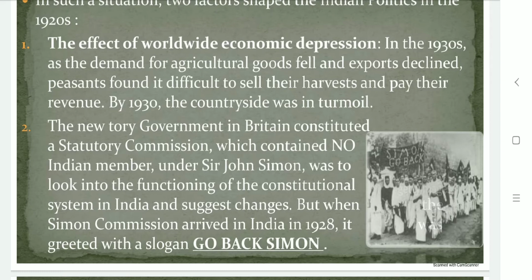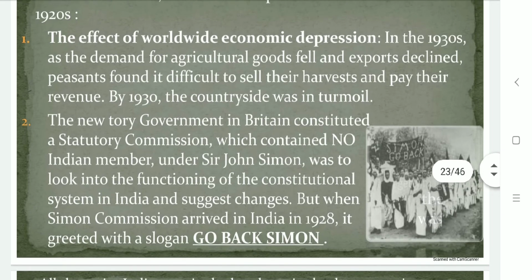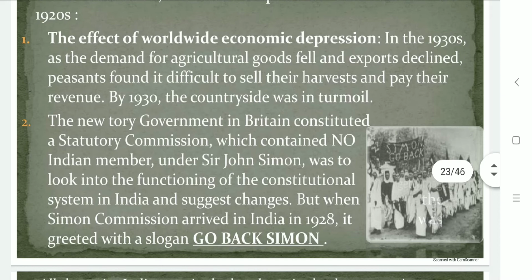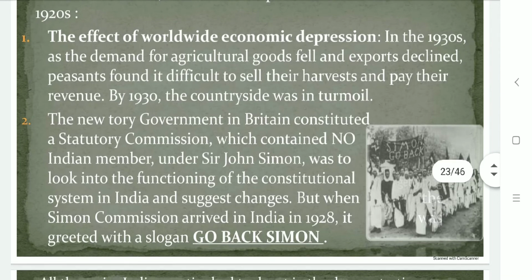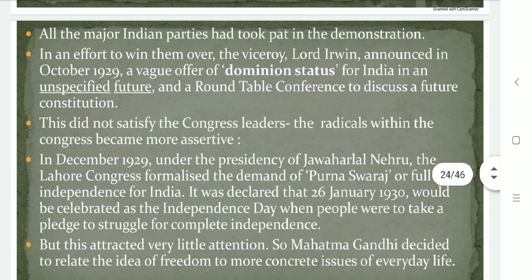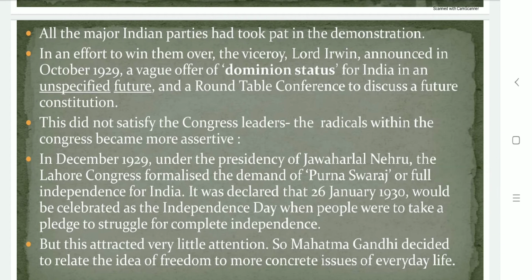They were not happy because there were no Indians in the Simon Commission. That is why when the Simon Commission arrived in India in 1928, it was greeted with the slogan, "Go back, Simon." All the major Indian parties took part in the demonstration.